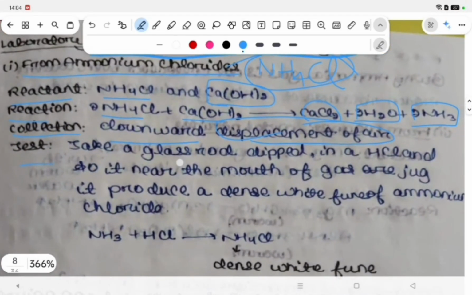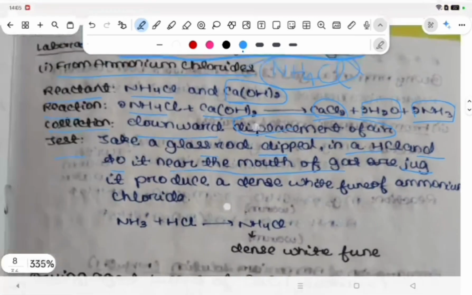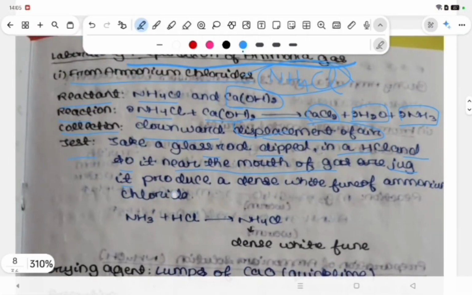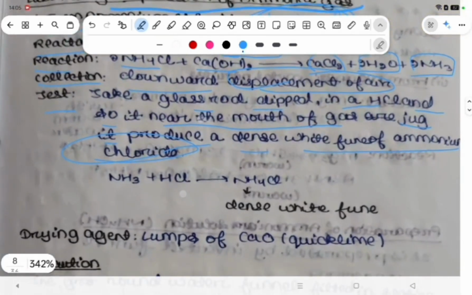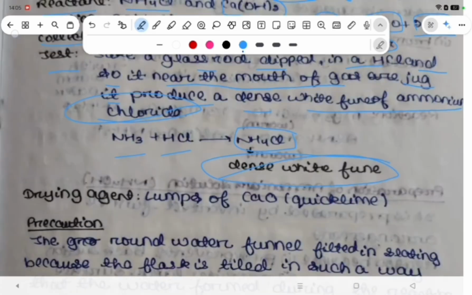Test: take a glass rod dipped in HCl and show it near the mouth of the gas jar. It produces dense white fumes of ammonium chloride. NH3 plus HCl gives NH4Cl, which forms dense white fumes. Drying agent: lumps of CaO, quicklime.